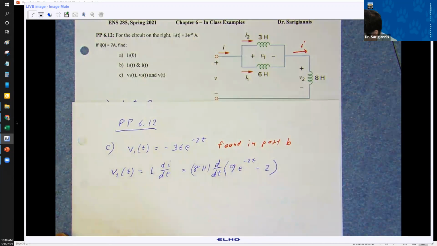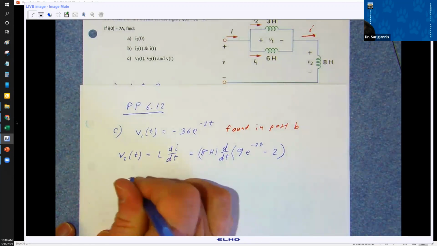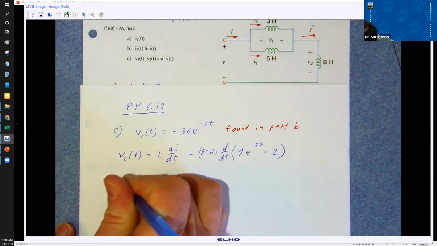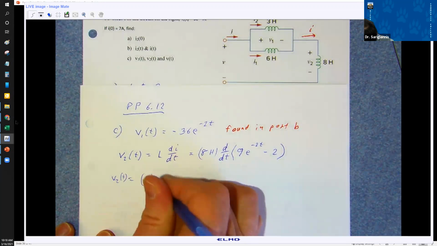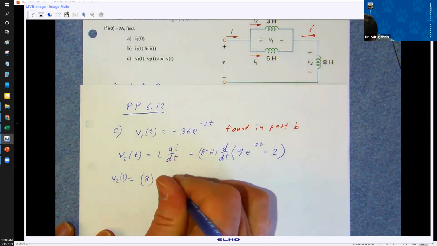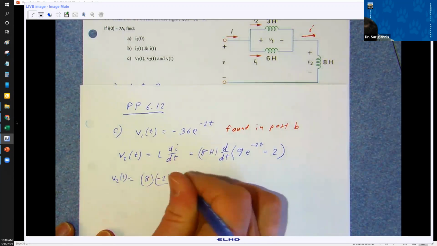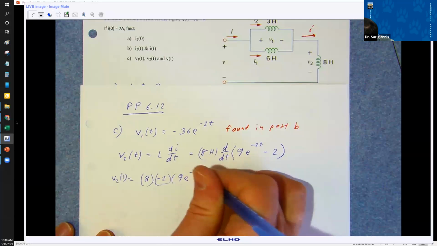We're just taking the derivative with respect to time. So here we wind up with, let's just do the math. We've got 8 times negative, I'll bring down the negative 2, times the 9 e to the minus 2t.